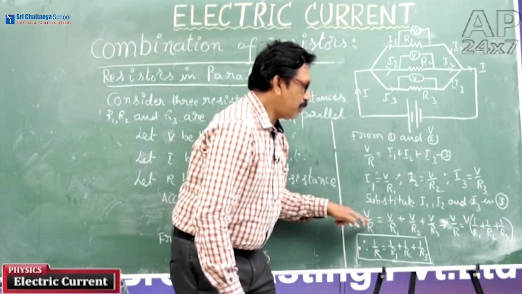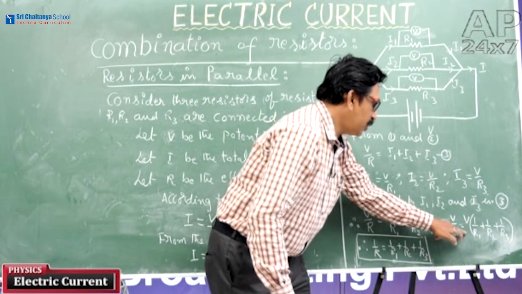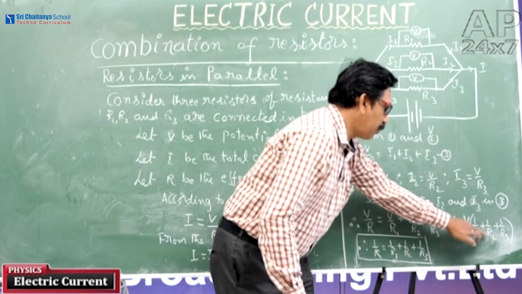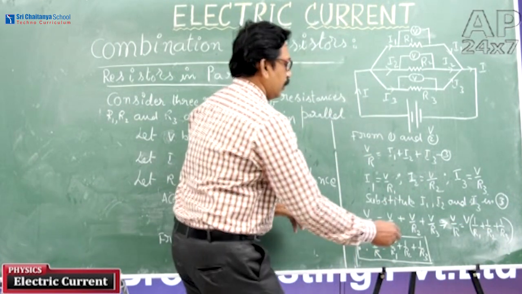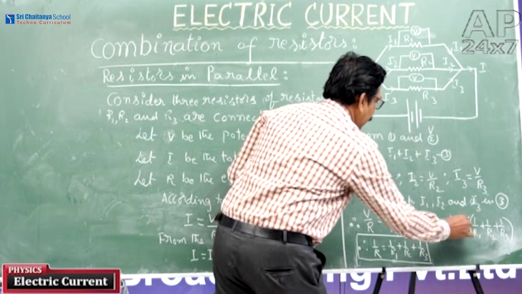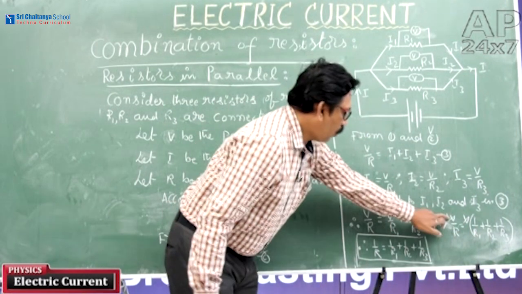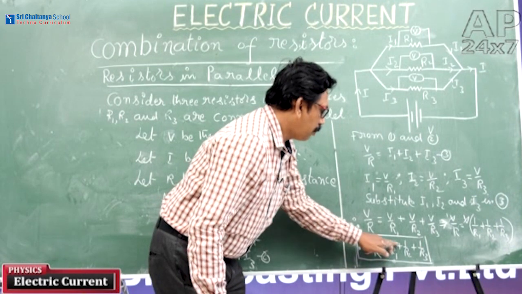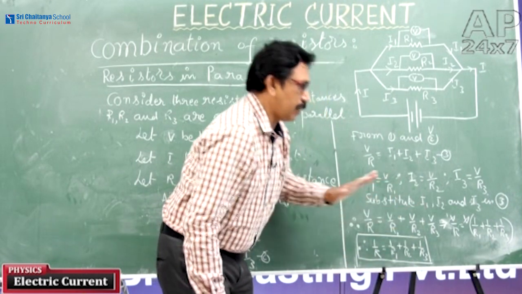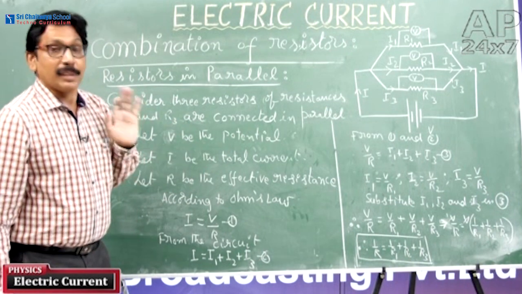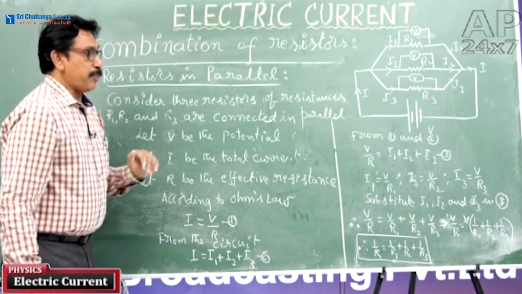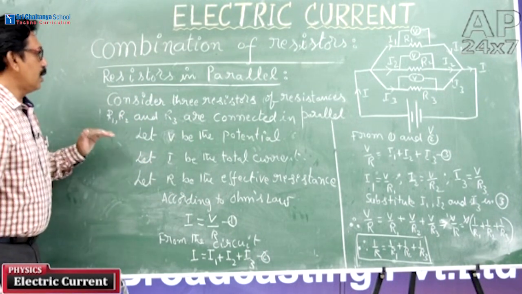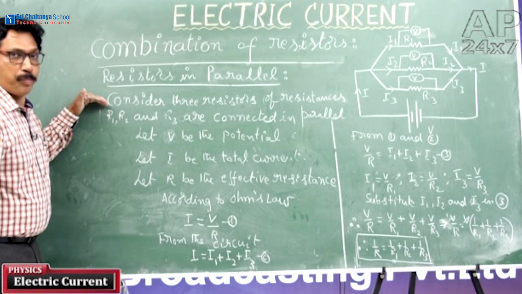I am taking V outside. So, V into 1 by R1 plus 1 by R2 plus 1 by R3. Here this V gets cancelled. So, 1 by R is equal to 1 by R1 plus 1 by R2 plus 1 by R3. That is our result.